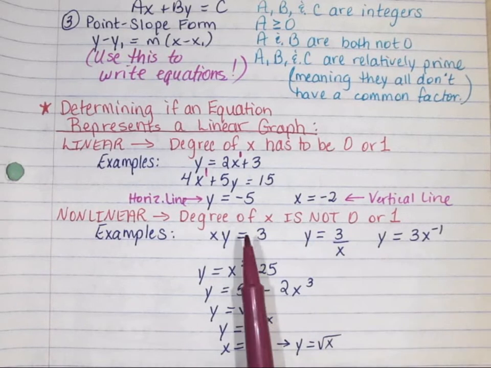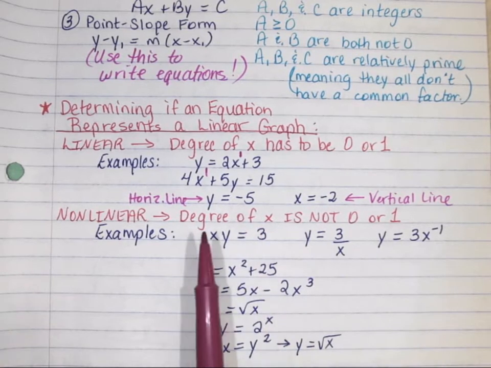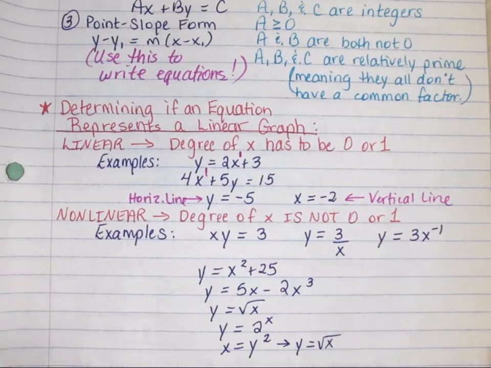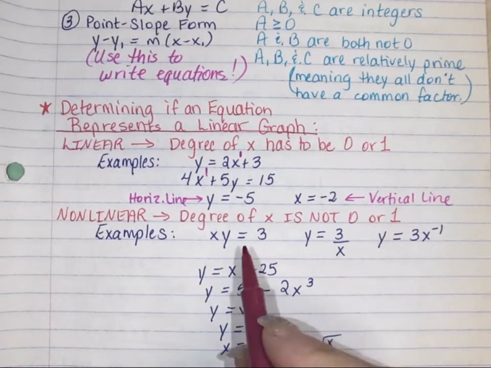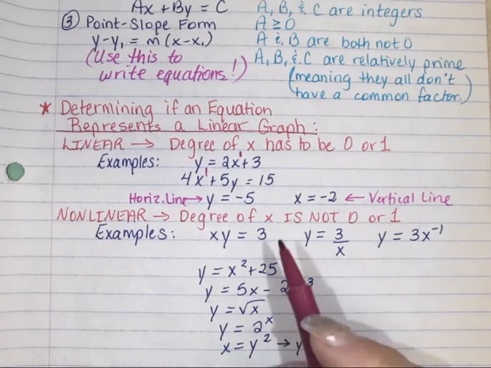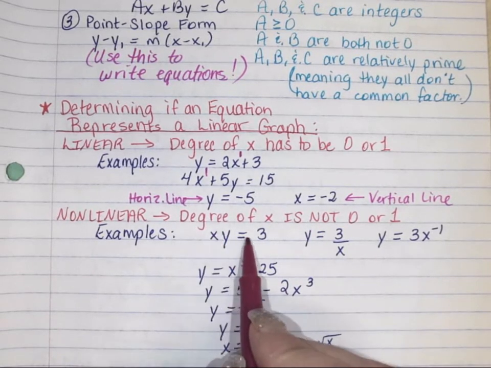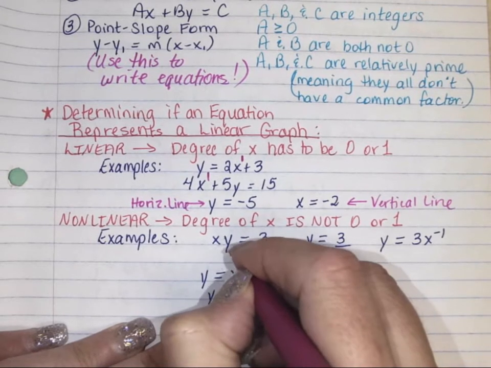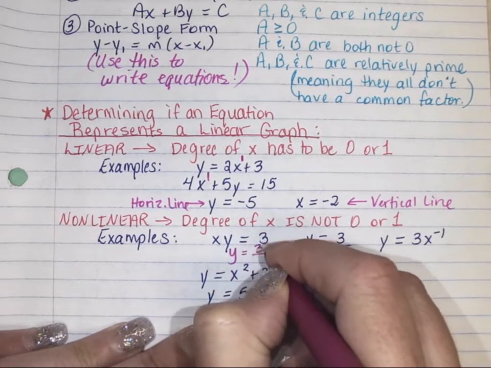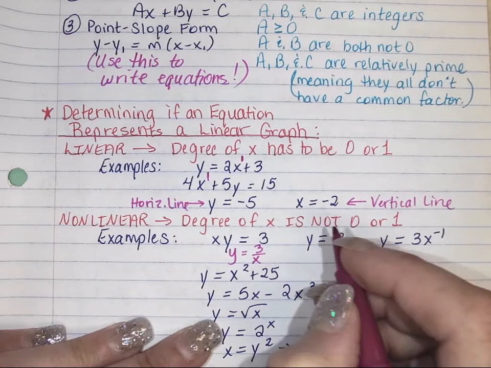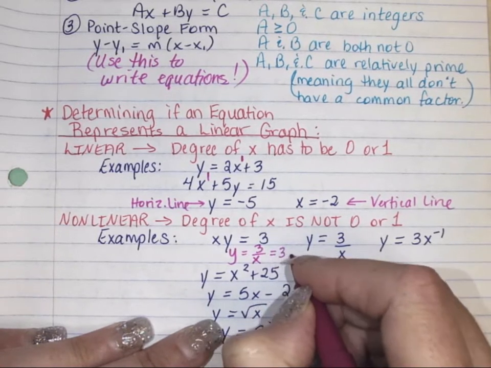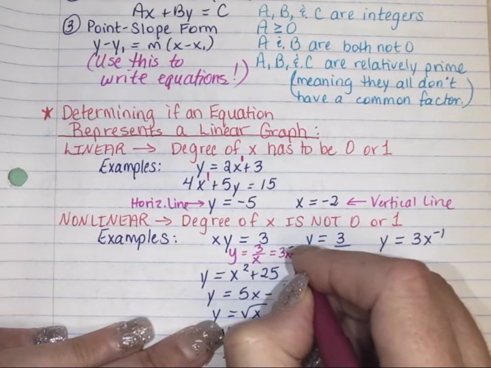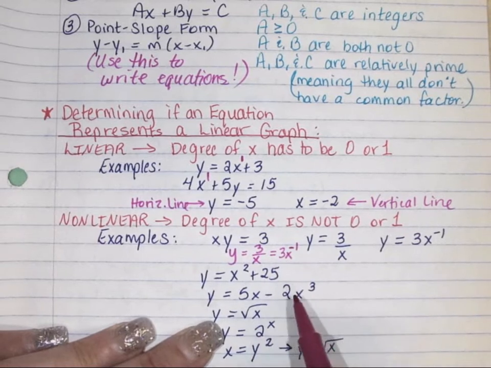Nonlinear is where the degree of x is not 0 or 1. So if you look at this case, xy equals 3. If you solve that for y, you're going to get 3 divided by x. And if you'll recall from exponent rules, 3 divided by x is also equivalent to 3x to the negative 1.